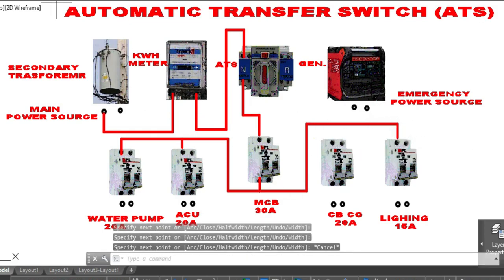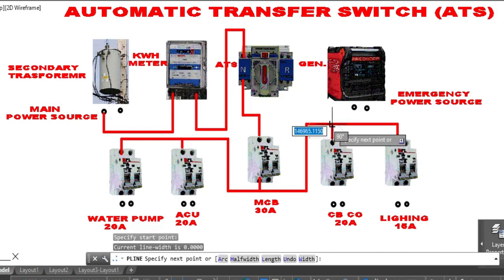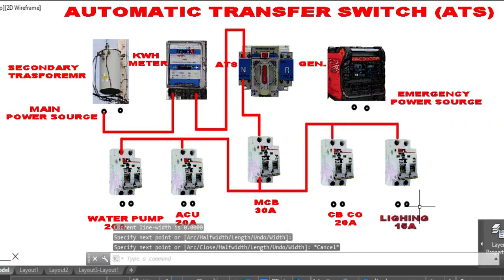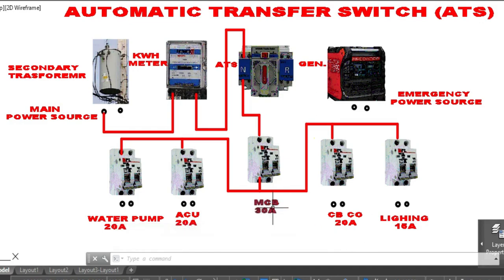At this breaker, one of the circuit breakers is intended for the electrical components. This is the main circuit breaker, and this is the distribution circuit breaker. For the MCB, as per the National Electrical Code for building wirings, we need to use a 30 ampere circuit breaker.